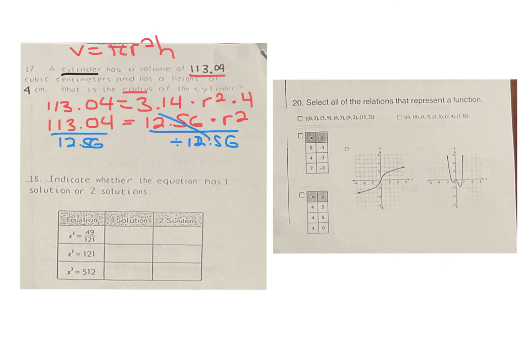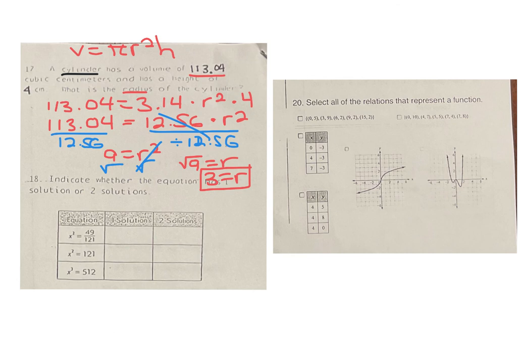That'll leave me with 9 equals r squared. In order to isolate r, to undo the square, I take the square root of both sides, canceling that out. So the square root of 9 equals r. The square root of 9 is rational, so therefore 3 is our radius.